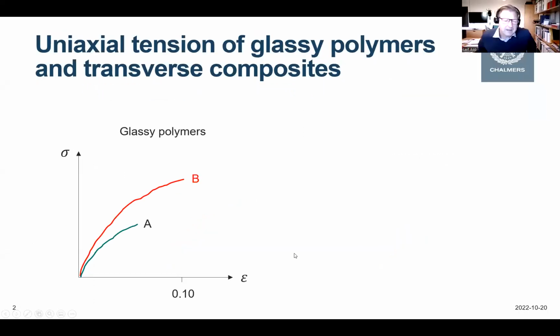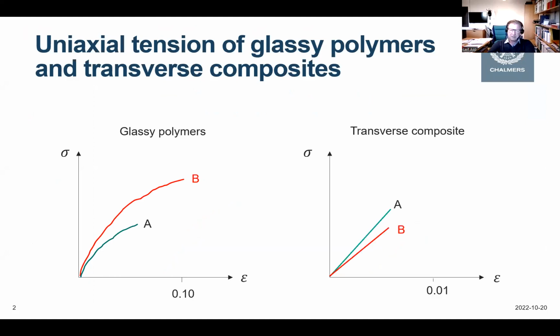So I asked myself about these unidirectional results for glassy polymers. If we have polymers A and B here, and A has only half the strain to failure compared to B, and if we make a transverse test of a composite with the same fibers, it's not necessarily so that polymer A is weaker than polymer B in the composite case anymore.